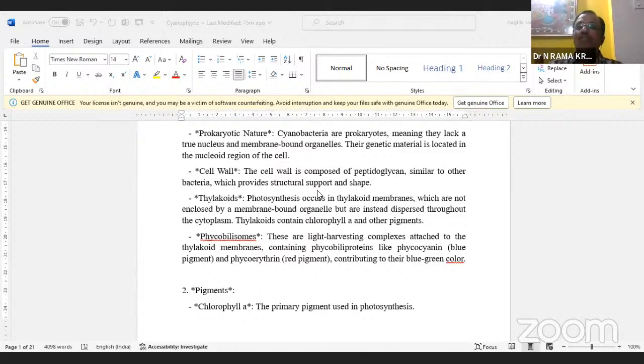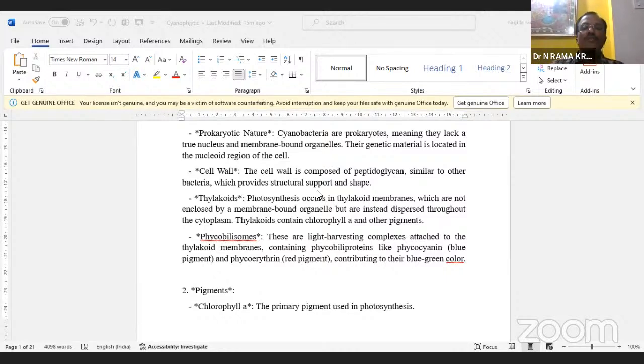The cell wall is made up of different types of molecules. Whatever structure we see in bacteria, the same type of cell structure we also see in cyanophytic algae. Peptidoglycan.